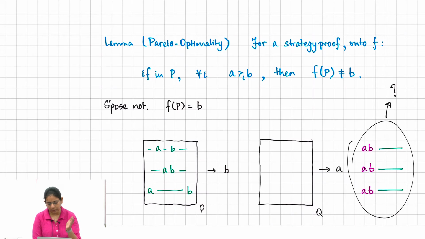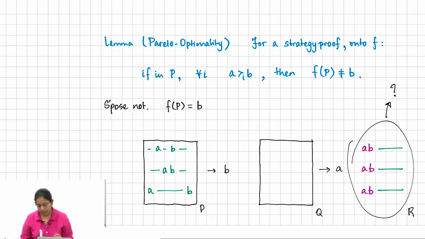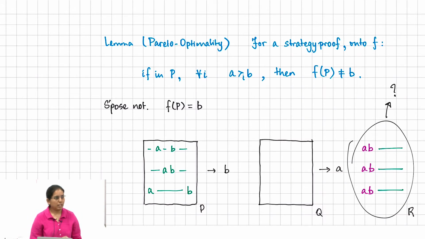If you look at P and this auxiliary profile that I've created, R, the hypothesis of monotonicity is that the winning candidate's position has not become worse in any of the voters' votes. Is this true?